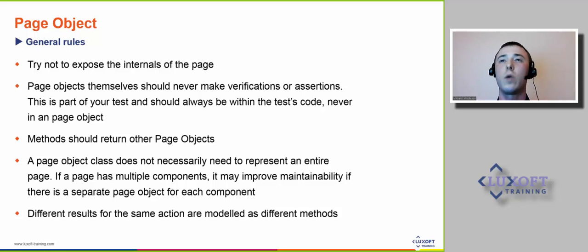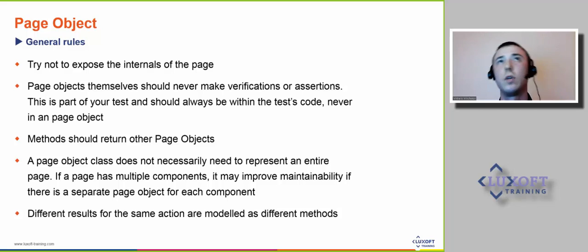General rules of implementing the page object pattern. Try not to expose the internals of the page. The internals, like small interactions with elements, such as clicking on one element, should not be exposed. They should be private, or only big blocks should be made public.